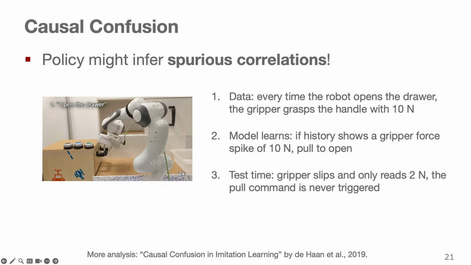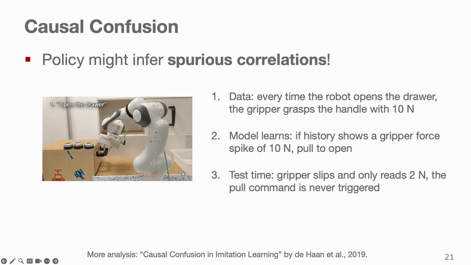So imagine that in our demonstrations, every time the robot opens a drawer, the gripper sensor records a spike of exactly 10 newtons as it grasps the handle. The model will look at this and think, aha, I don't need to look at the visual state of the drawer or the arm's position, because I see that if the gripper force history shows this 10 newton spike, then I will trigger the pull action.